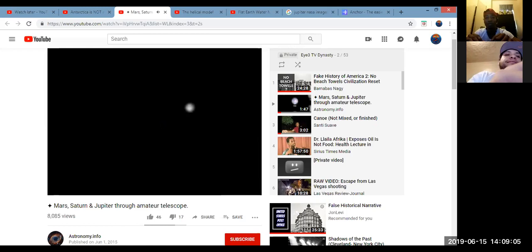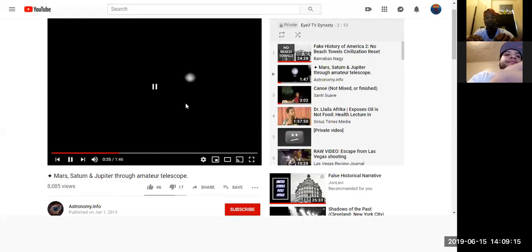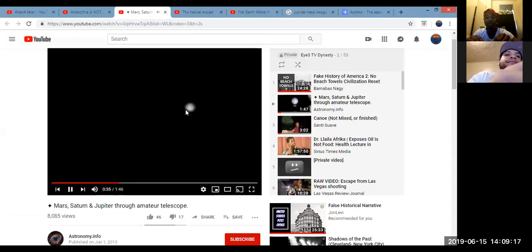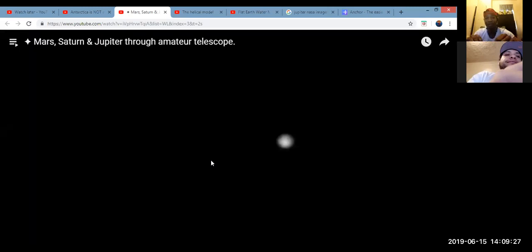See that right there? This is Mars, right? That's Mars, right? This doesn't even look like something you can land on. Because that's not what it is. That's the lie too. We've been told some things and we just been running with it, and now here's the truth.